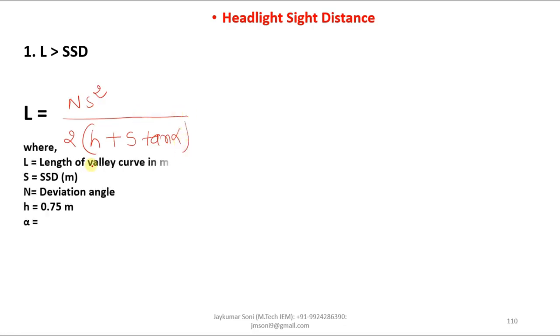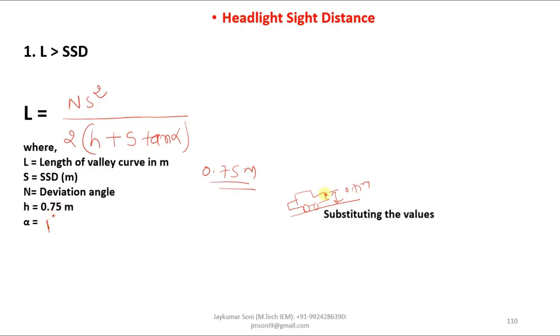Now here L is the length of valley curve in meters, S is the SSD in meters, N is the deviation angle. The value of small h is taken as 0.75 meter. This 0.75 meter is the distance of the headlight from the ground surface. It is this distance. And alpha is considered as 1 degree.